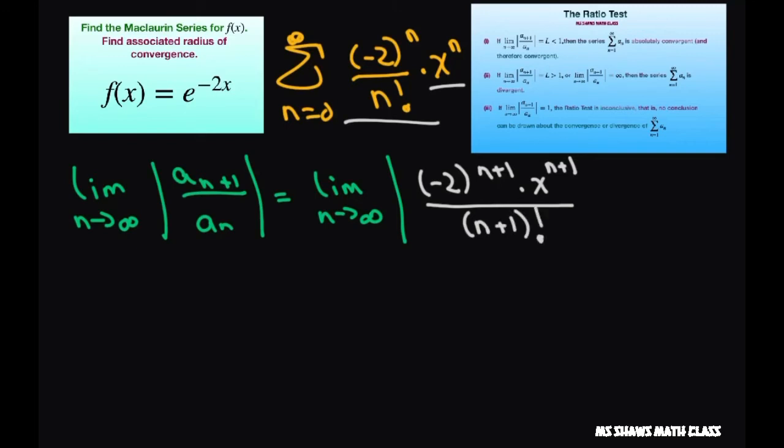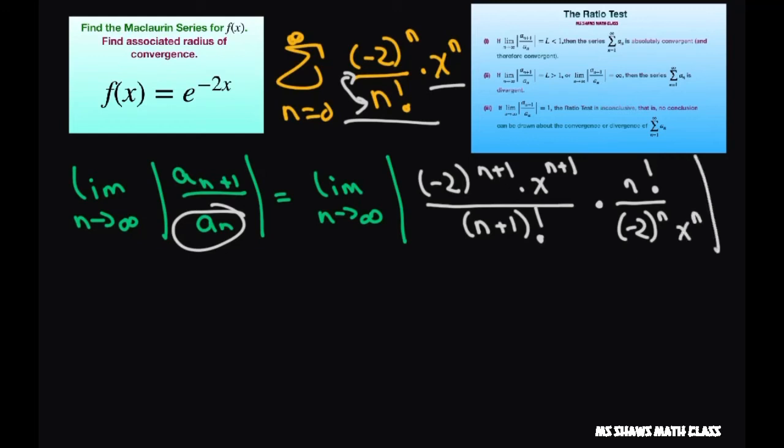Now we're dividing by a sub n, which is the same as multiplying by the reciprocal. So this is going to be times n factorial divided by negative 2 to the power of n times x to the power of n, absolute value.